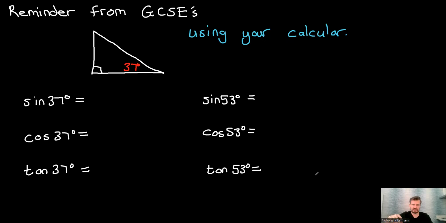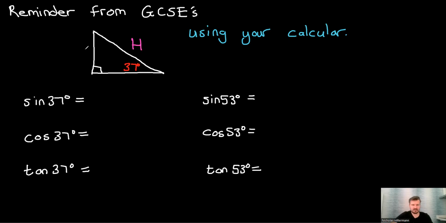I'll put a link in the description to the first video, where we learned that the side opposite to the right angle is our hypotenuse, and then the adjacent and opposite relative to this angle that we're talking about, the 37, which we call our reference angle.